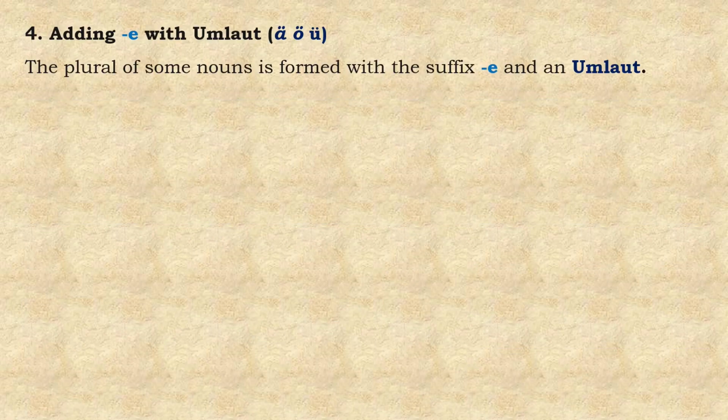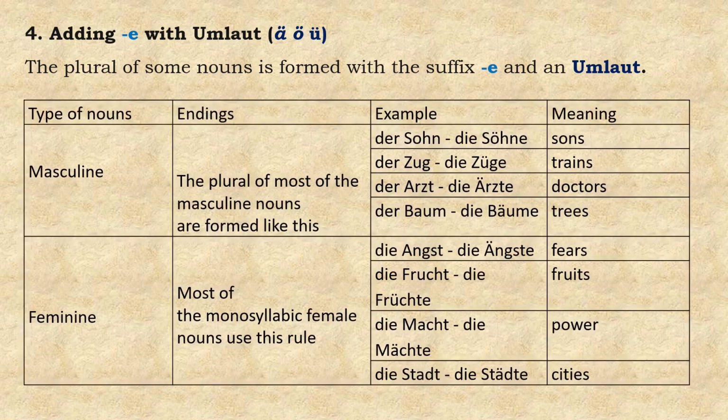The plural of some nouns is formed with the suffix e and an umlaut. In masculine, the plural of most of the masculine nouns are formed like this. For example, der Sohn, die Söhne, der Zug, die Züge, der Arzt, die Ärzte, der Baum, die Bäume.